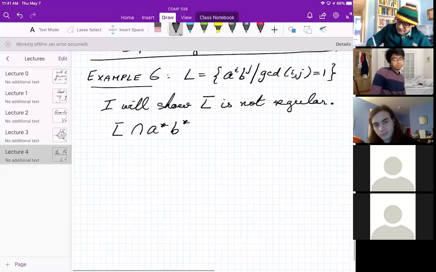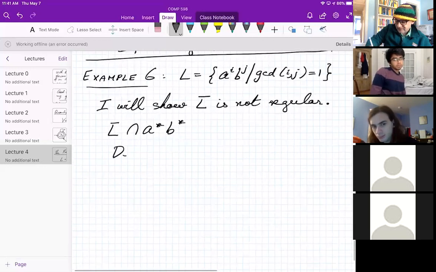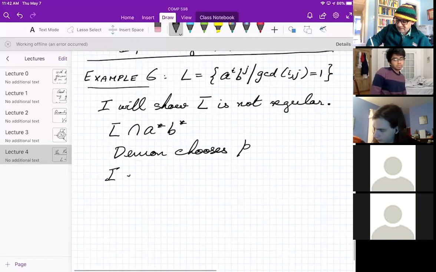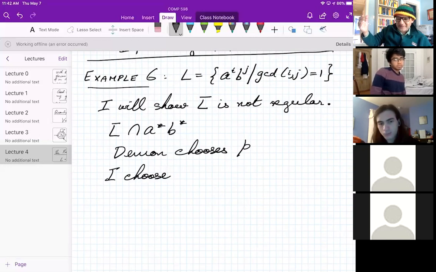So Demon chooses P. So then I choose, since we use the letter P in the pumping lemma, we can't say P for generic prime number.